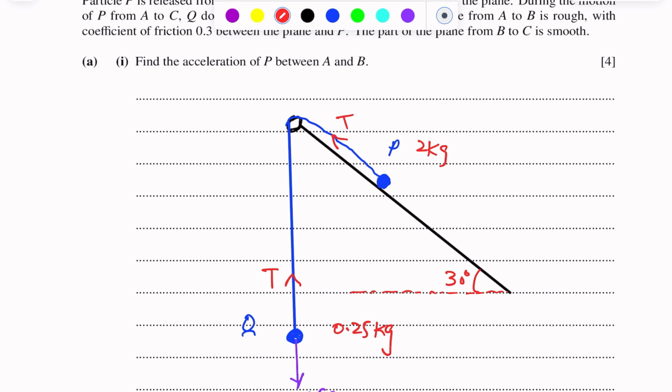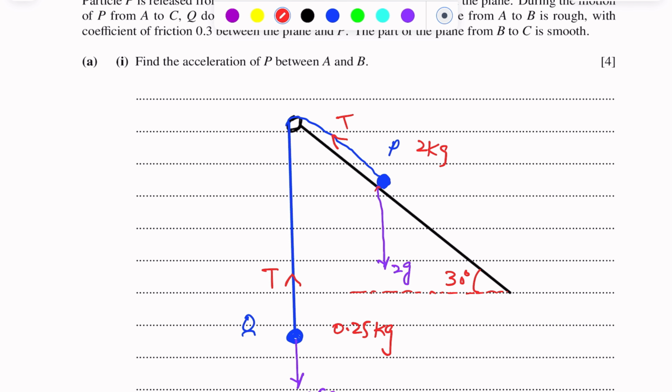Now the weight of particle P acts vertically downward. This is mg, and now we will resolve this weight of particle P. We will find two rectangular components, one along the plane and the other perpendicular to the plane.